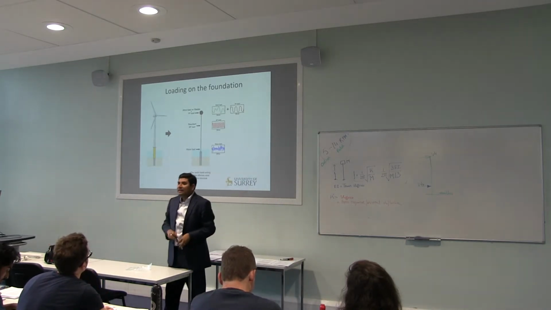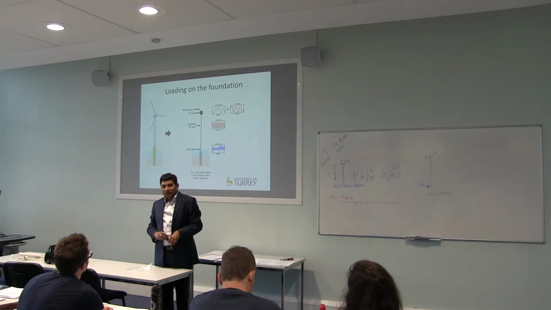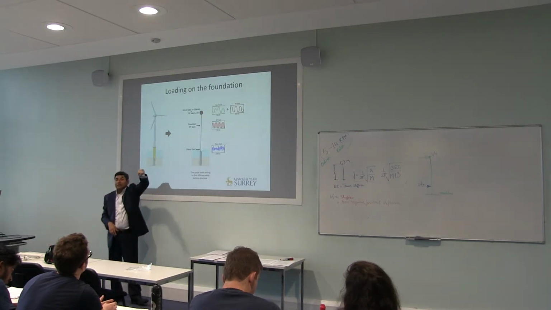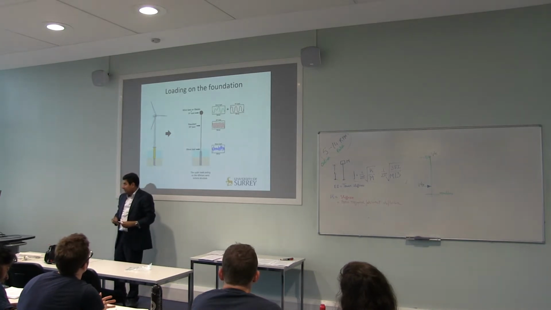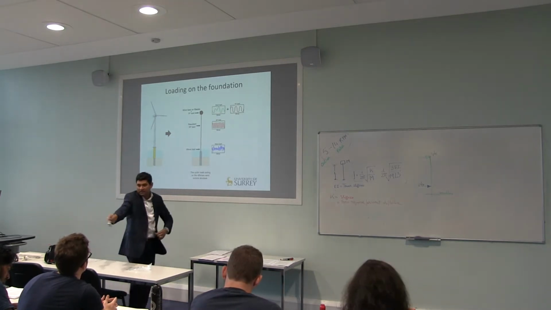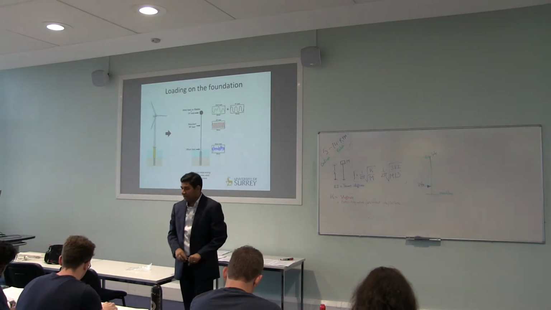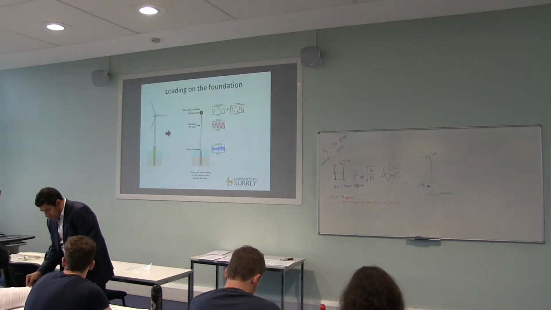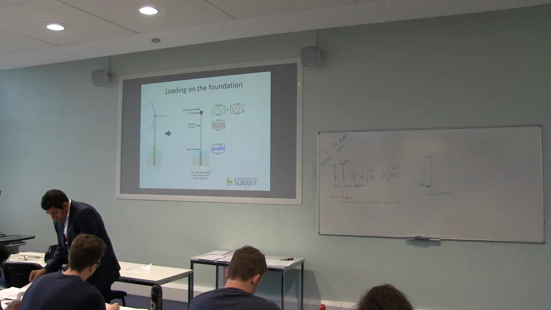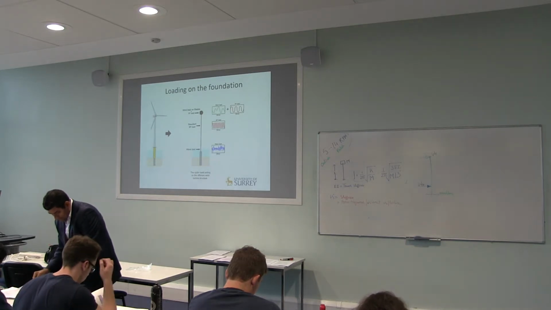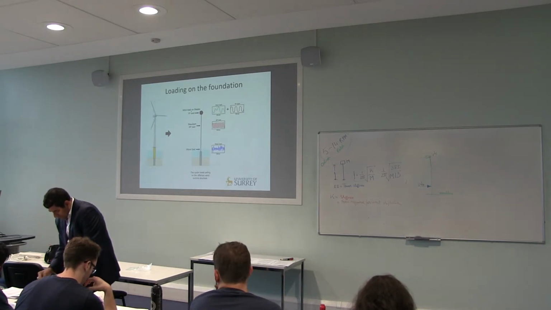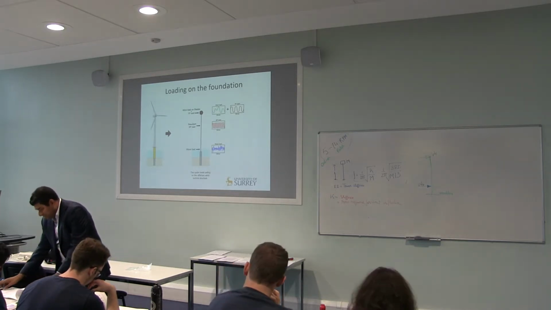So 1P is basically the load due to misalignment of the rotor nacelle assembly, RNA, at the top. They are all given in the notes in this chapter, so you can read everything. Don't worry if you miss some words, as they will explain it somewhere here.